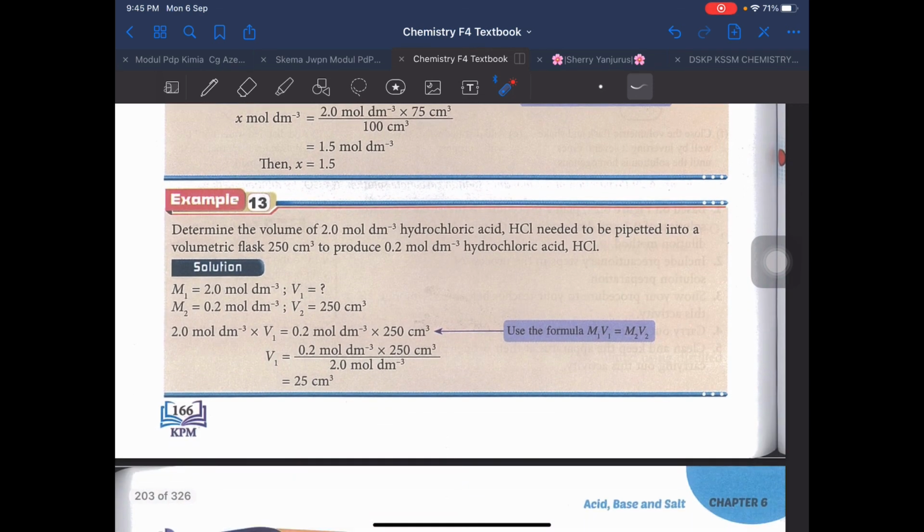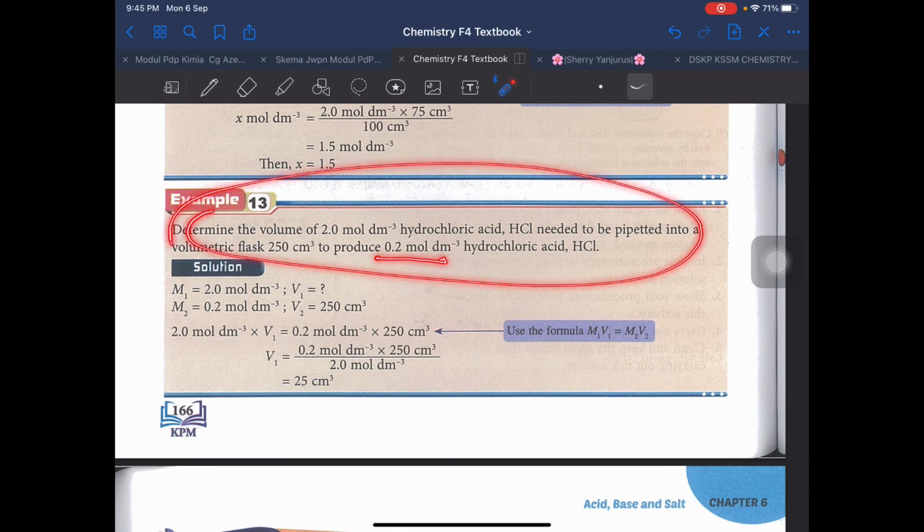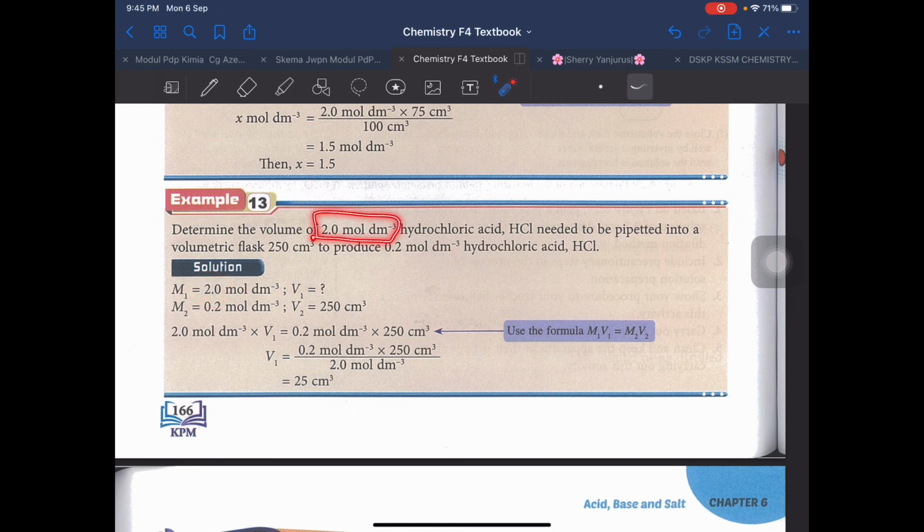Example 13. Determine the volume of 2.0 mole per cubic decimeter hydrochloric acid needed to be pipetted into a volumetric flask 250 cubic centimeter to produce 0.2 mole per cubic decimeter. Okay, panjang-panjang ayat ni, you just need to determine which one is M1, V1, M2, V2. Okay, M1 is the 2.0 because this is the molarity of the hydrochloric acid yang sebelum.